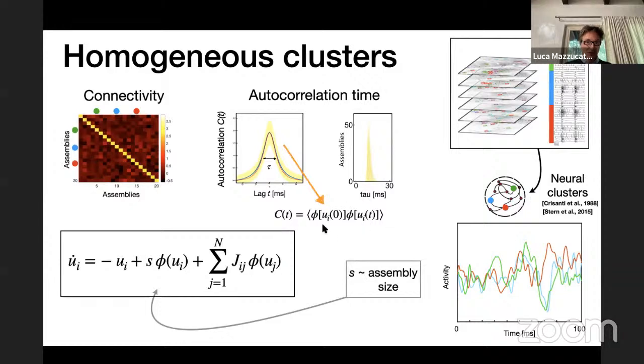This is the autocorrelation of the activity, and we see that the histogram across neurons is very, very tight. So there's no heterogeneity. So a simple network like this doesn't have any heterogeneity of timescales, which is what we're trying to model.